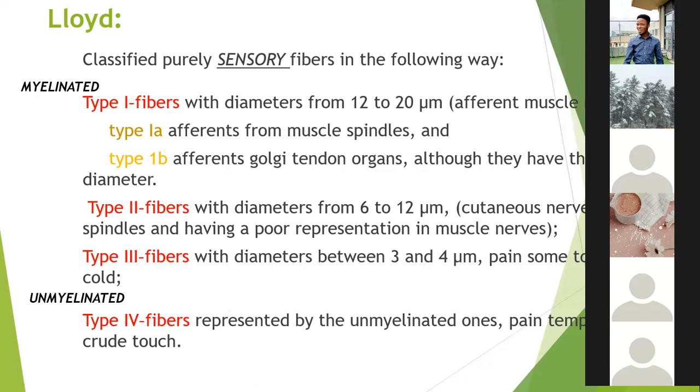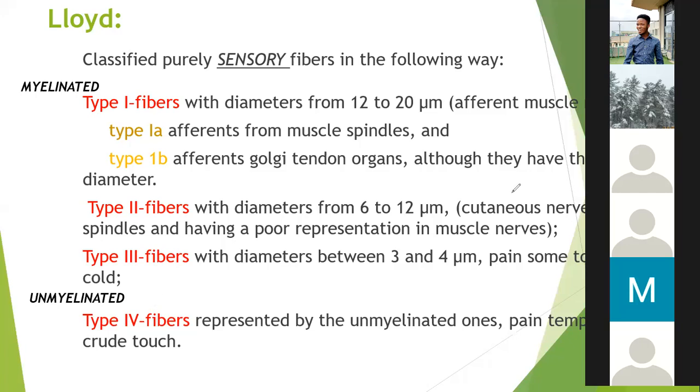Cutaneous, the ones that are coming from the touch, vibration, and all those things. Alpha beta. So we are going to actually align them in parallel so that we see type 1 fiber according to Lloyd is what classification according to Erlanger-Gasser. But you see there is that overlap.